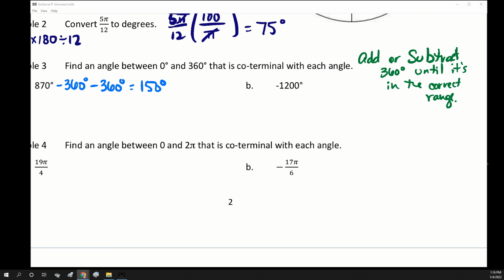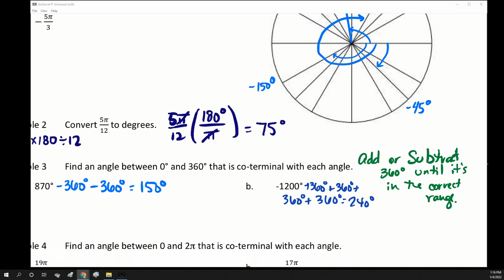So they're coterminal angles. Okay, for B, it's negative. So that means we're going to add 360 degrees until we get something between 0 and 360. And so 1 time's not enough, 2 times is not enough, 3 times is not enough, 4 times, finally, we get 240 degrees.